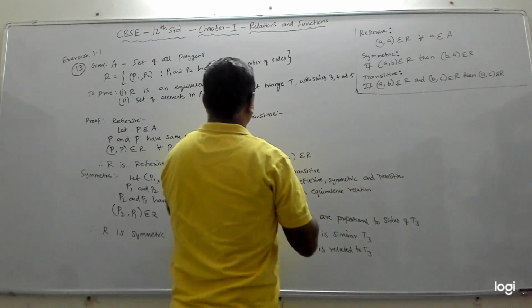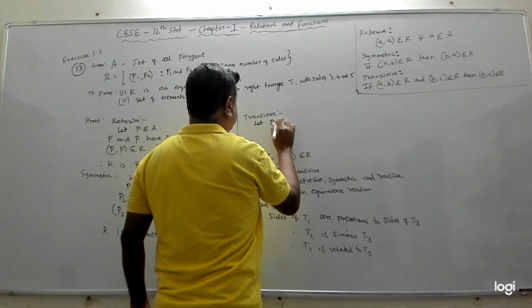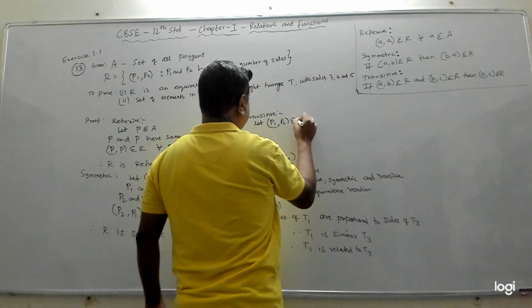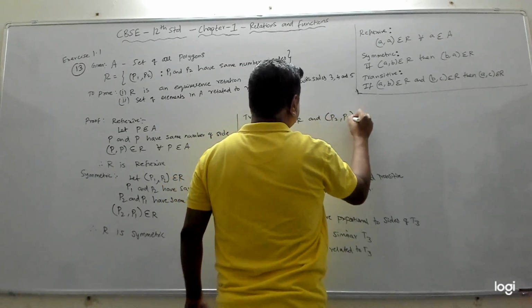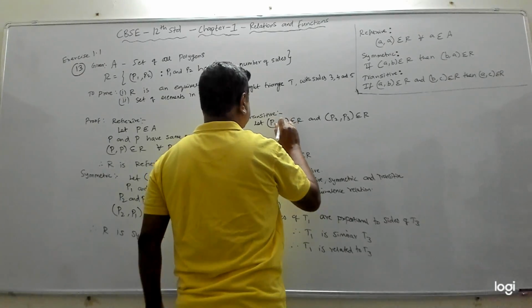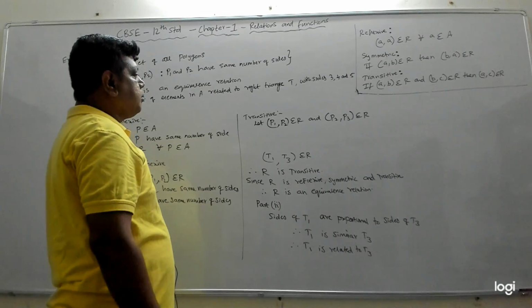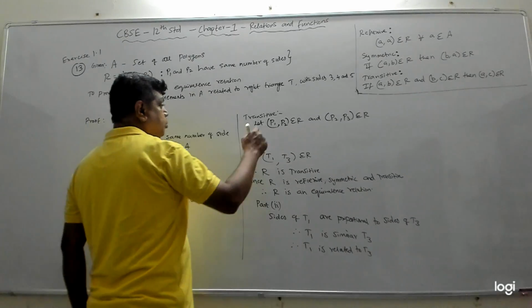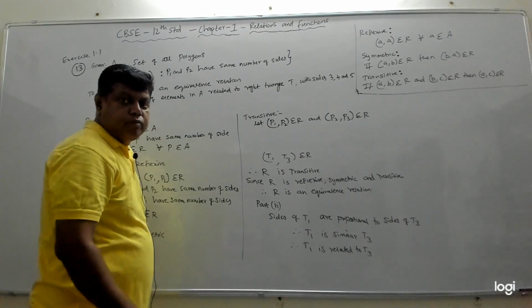We'll say let P1 comma P2 belong to R and P2 comma P3 belong to R. We should prove that P1 comma P3 belongs to R, then it becomes transitive.